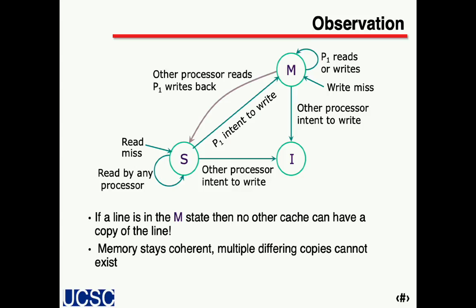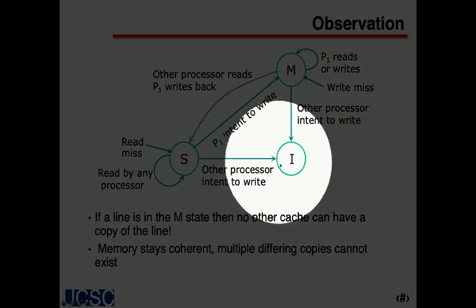And the good thing is it accomplishes our goal, and that is we can't have multiple different copies present in caches, right? We're going to knock things out before we're allowed there to be different copies that are not the same. So people refer to this as coherency, right? Where is the same address perceived to be the same value? And that's coherence.